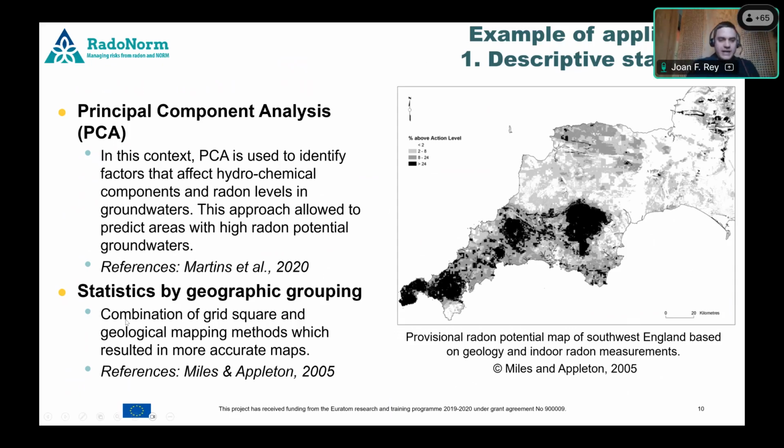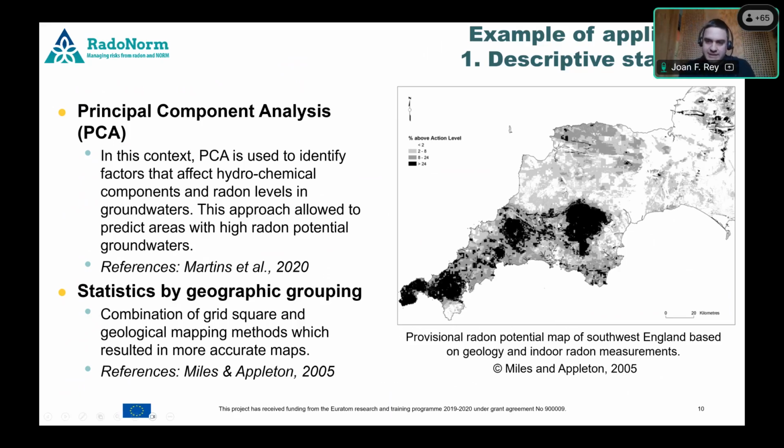And then here we have a big class which is the statistic by geographic grouping, and the aim here is, for a grid square or for a spatial unit, to combine the different statistics and to show that in a map. So here, for example, we have the example of Miles and Appleton, which is showing the radon potential map of Southwest England based on geology and indoor radon measurement.